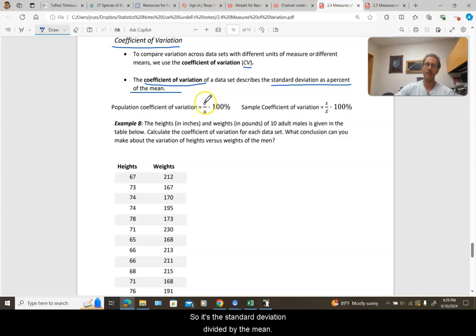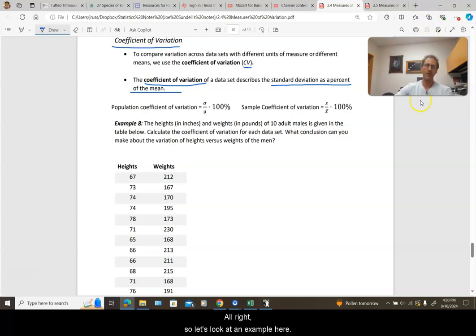Okay, so it's the standard deviation divided by the mean. And then to make it a percent, you multiply it by 100. And then for a sample, it's very similar, except you're using S instead of sigma, and you're dividing that by x bar instead of mu, and you're still going to multiply by 100%.